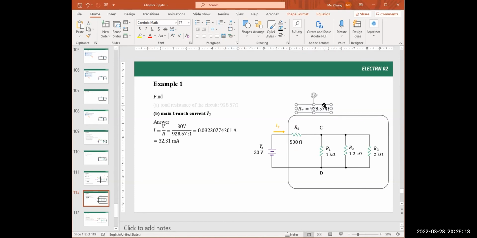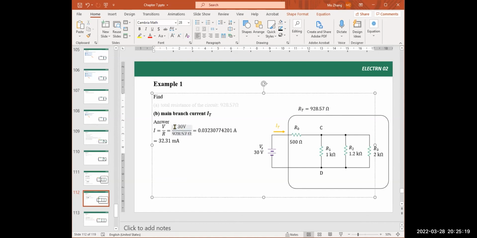So the total voltage, 30 volt, over 928.57 ohm, right? Voltage divided by resistance equals current. And the current is this number, 0.0323 amps.